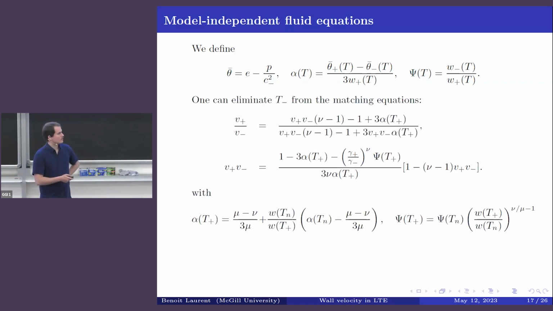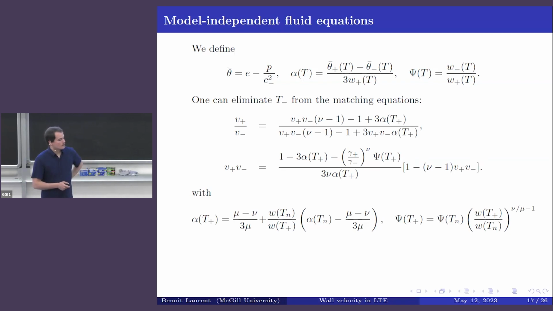And yes, in terms of these new parameters, alpha and psi, we can re-express the matching equations that we got before. The first thing that we can do is eliminate T minus, the temperature behind the wall, from the equations. And we get these two new algebraic equations that depend on the two plasma velocities, v plus and v minus, as well as the temperature in front of the wall through these alpha and psi parameters.